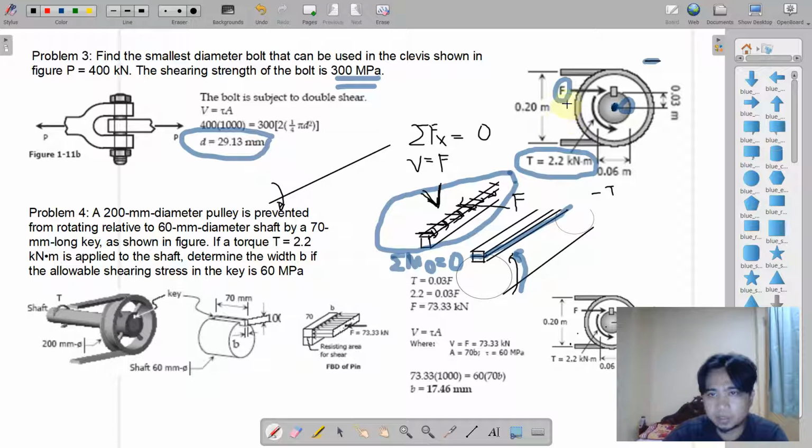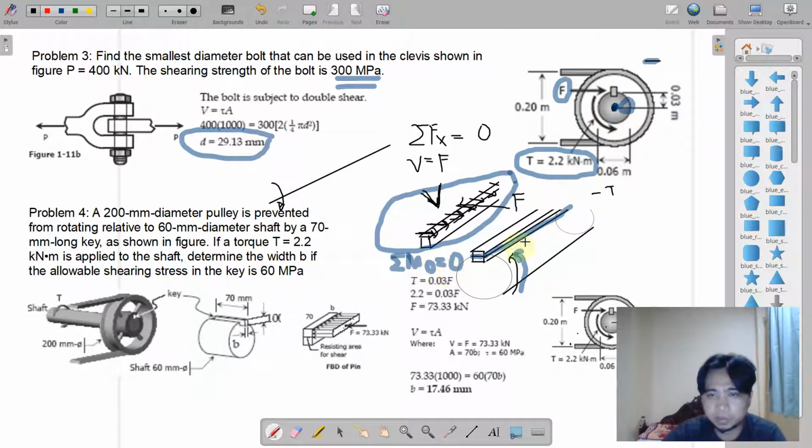And then F is a resisting force. By the way, F here is placed against the direction of this. Okay, so on the free body diagram, F again is placed against the direction of the rotation. That is why that is going towards right, because this is counterclockwise.